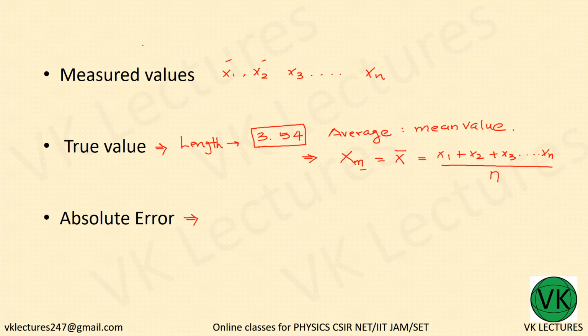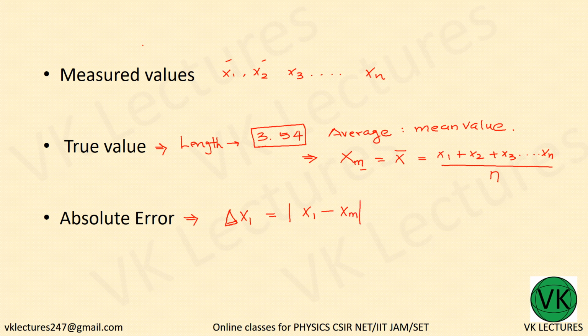This is the average value. Now coming to the absolute error, it is represented by delta x1. That means the error that has occurred in the first value. That delta x1 is equal to mod of x1 minus the mean value.